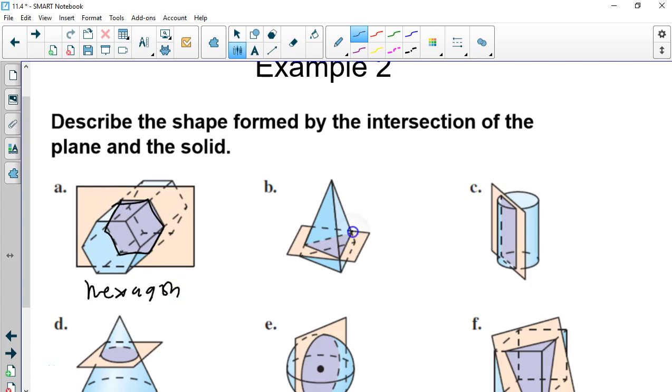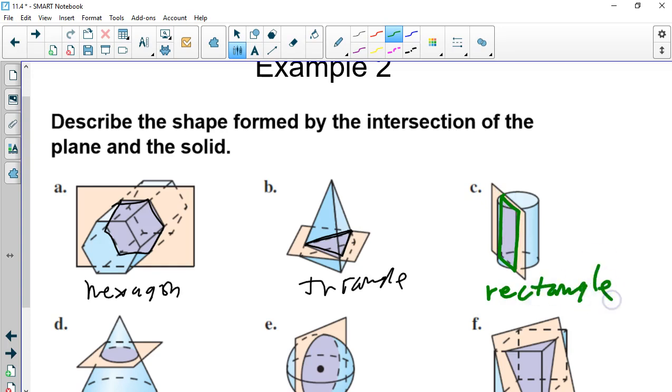On B, when it comes through, what is it cutting? It is cutting a triangle. All right? On C, when this comes through, let me use a different color to make it a little more obvious. On C, what is it cutting? Well, it's cutting a rectangle. And really all you do is just trace through and see what's happening.